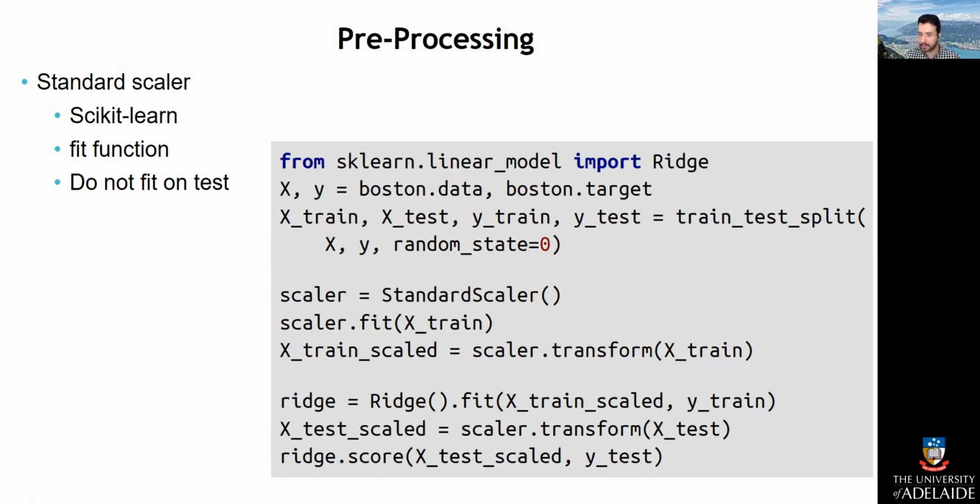Because whatever is in test set, you don't really want to see, right? You don't want to assume anything about it. If you want to make sure that the performance that you report is very fair, you want to make sure that your model performs well on that test set without really looking at it by checking the training set. So it's very important to fit your scalar on the X-train.